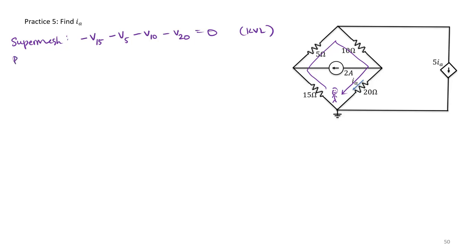And then we also know by Ohm's law that voltage must be current times resistance. So we can write minus 15 ohms times I15, minus 5 ohms times I5, minus 10 ohms times I10, minus 20 ohms times I20 must be 0.